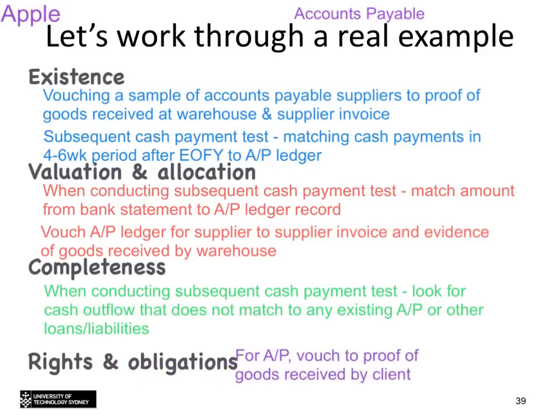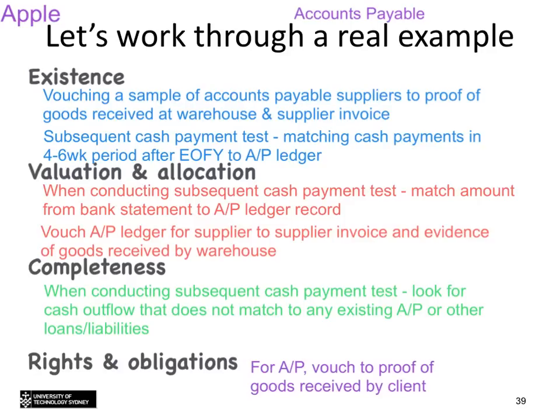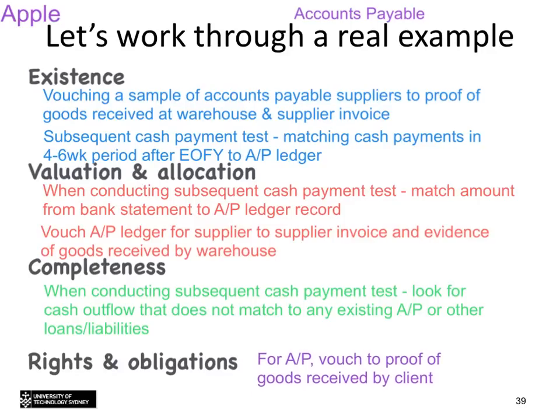All right, because we really don't owe the money until the goods are actually received. And there could be a bit of a cut-off issue, right? As soon as you order something, your system might automatically create the accounts payable. That's going to mean that you need to focus on those transactions around the end of the financial year.